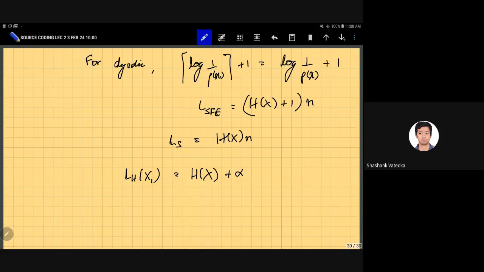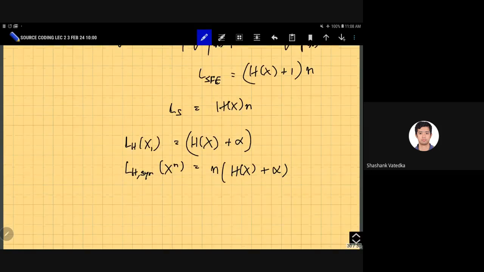Because when we do symbol-wise encoding of X1 through Xn, the expected length is equal to n times the expected length over here. So it is n times H of X plus alpha.